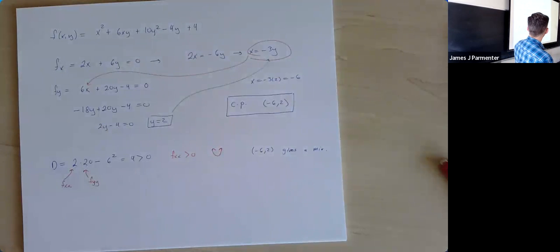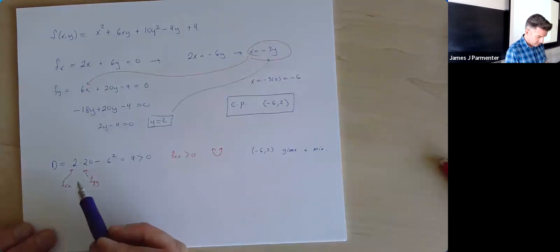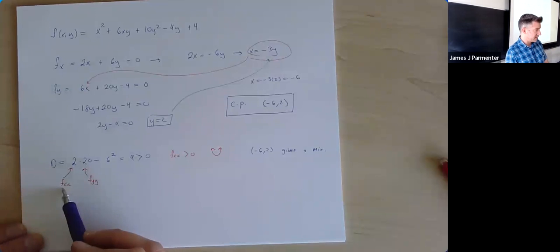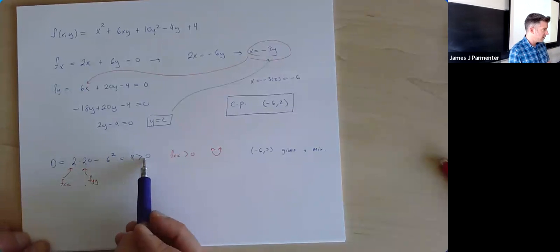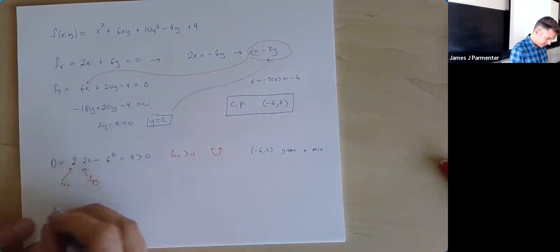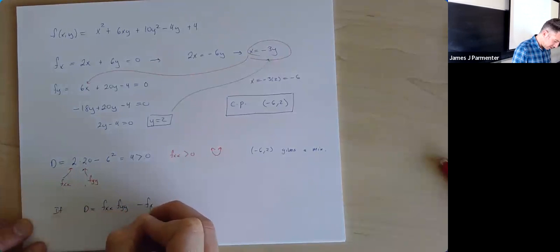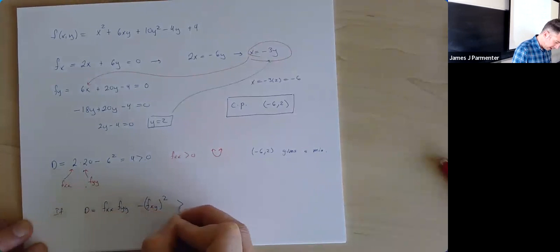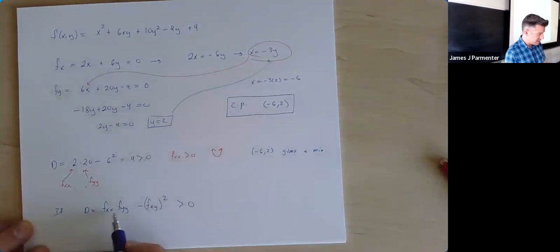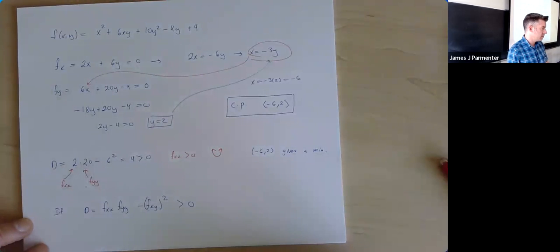One thing you might wonder about is why don't we have to check both fxx and fyy if we know this is positive? Well, if D equal to fxx times fyy minus fxy squared is positive, then these two things had to have been the same sign, right?